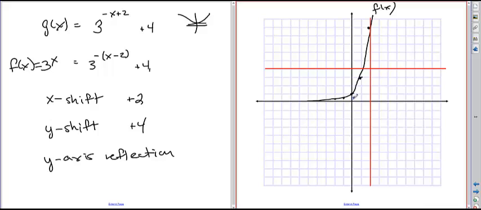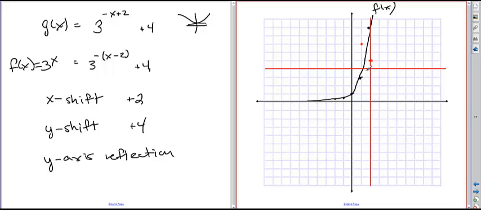Now here, well, we still have the same orientation. It still goes up. So y-axis means we flip left to right. So here we went over 1. 3 to the 1 is 3. So we go the opposite direction. So we do 3, we go negative 1, up 3, instead of plus 1, up 3.